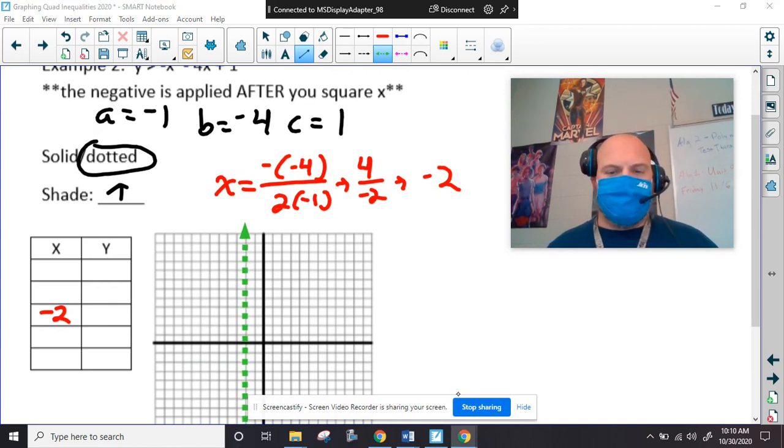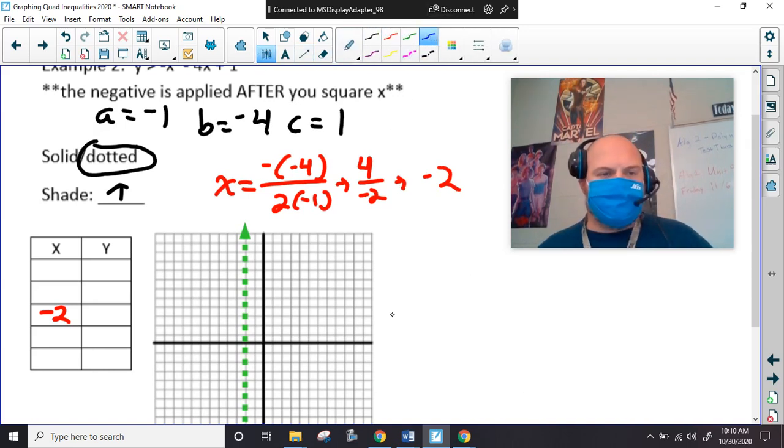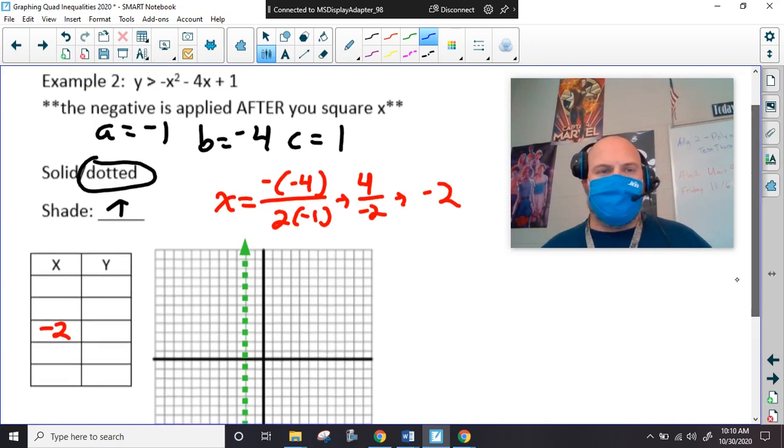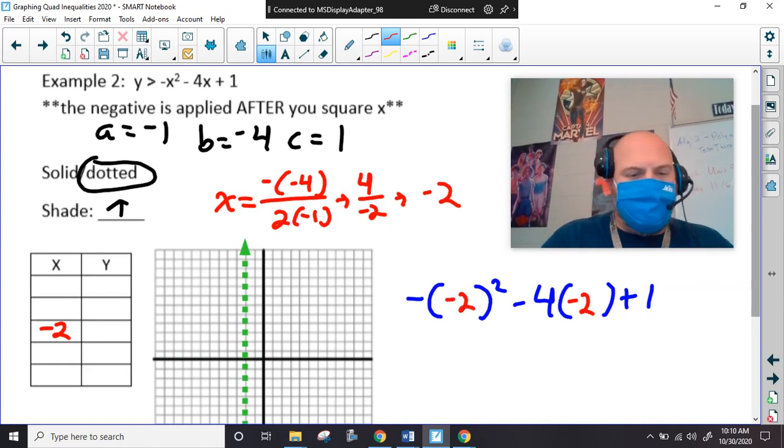Now to find our vertex, the y value, remember, this negative is on the outside of the parentheses, so we do it afterwards. So negative parenthesis -2 squared, -4 times -2 plus 1. All right, this gives us 5.